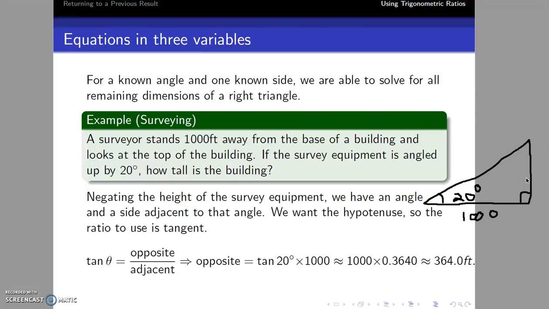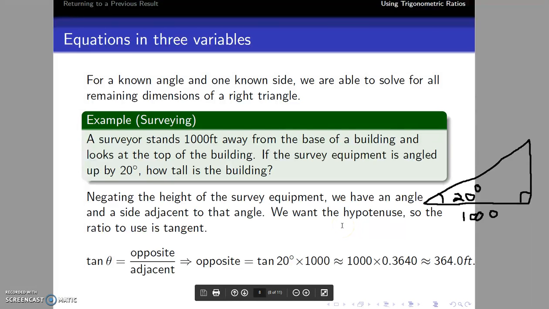So I need to relate, for a right triangle with known angle 20 degrees, the side opposite that angle to the side adjacent. And the ratio to use for that, pardon this typo here, is tangent. Right? Tangent relates opposite to adjacent. So opposite then is, after doing a little bit of manipulation, multiplying the adjacent over here, tangent of 20 degrees times 1,000, or about 364 feet tall.